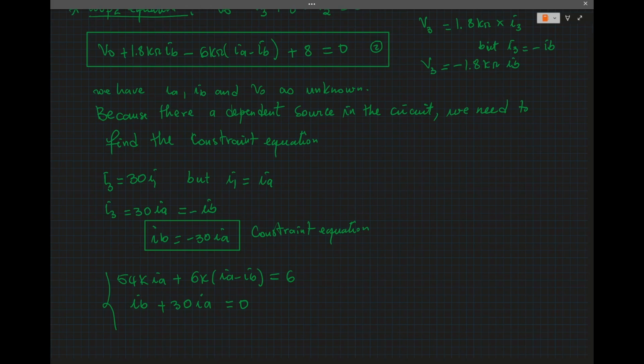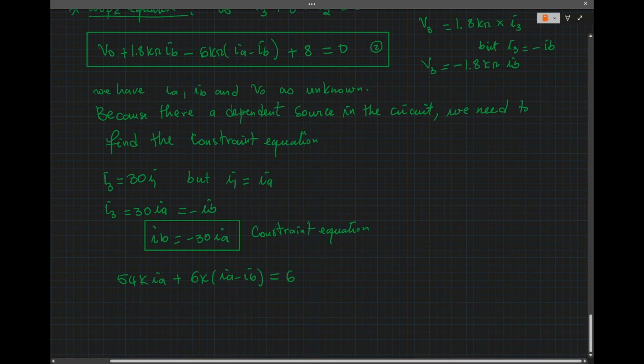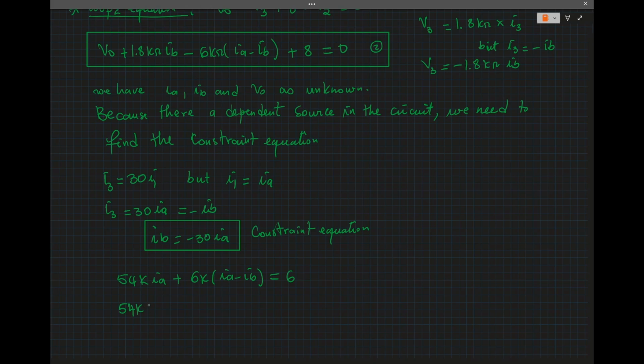I could just substitute that in the equation. So we have 54K IA plus 6K IA plus 30 IA equal to 6.